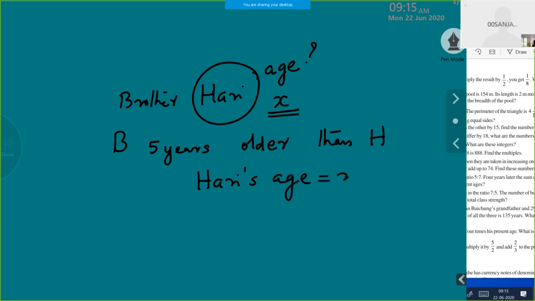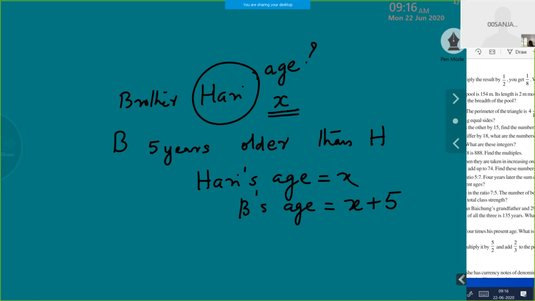Heidi's age is x. So what is given? Brother is 5 years older than Heidi. So what will be the brother's age? Since it is age, we use the term older, which means more than. So we write the brother's age as x plus 5. Now, connecting these two quantities, you will have one more condition in the question.